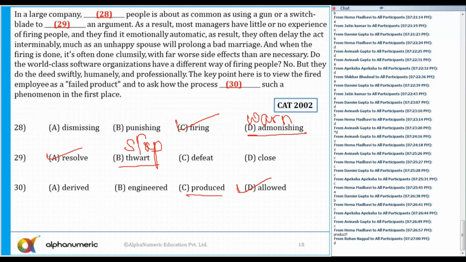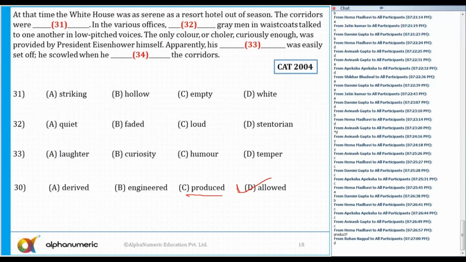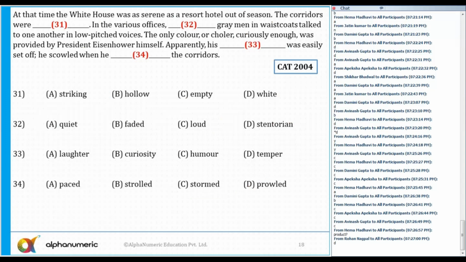Next one. Let's see. At that time, the White House was as serene as a resort hotel out of season. The corridors were dash. If it was serene, that means the corridors were empty.